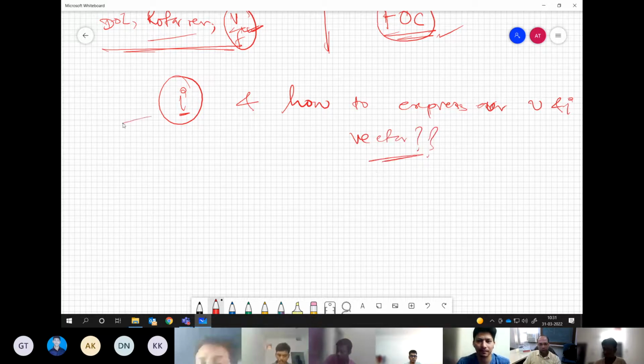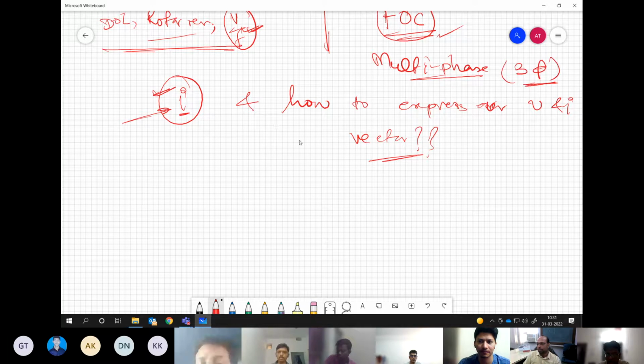Ultimately, we are going to control this, but how to express it, and of course, we are talking about multi-phase motors. So to start with, we can have a three-phase motor. Now this three-phase motor we are trying to have in a manner that we can express the voltage, current, all these things in terms of vector quantity.